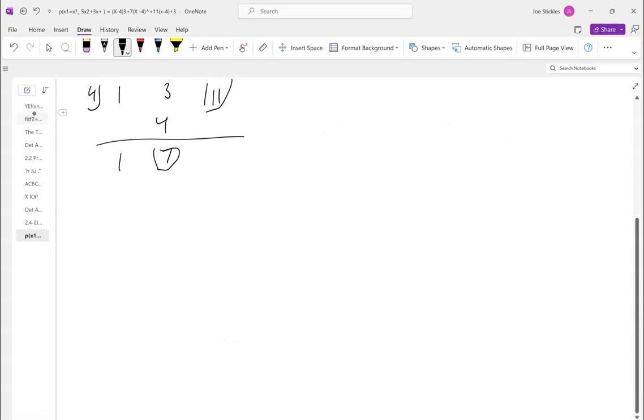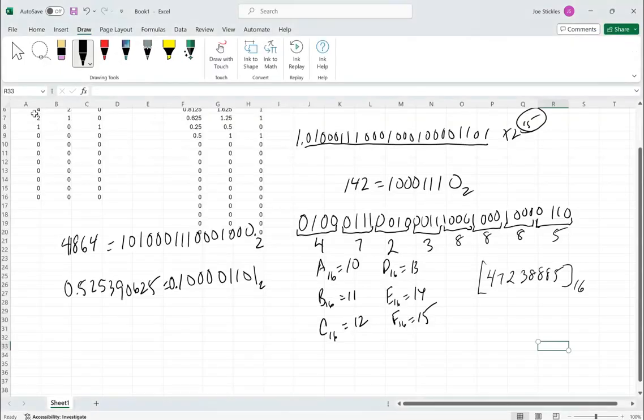Oh, is it 6 instead of 5? Yes, it should be 6. Four plus 2 is 6. At least today. Might be in a different class. Might be a different number. It's entirely possible 4 plus 2 might be 1. Happens.